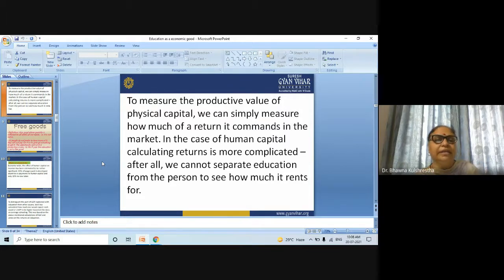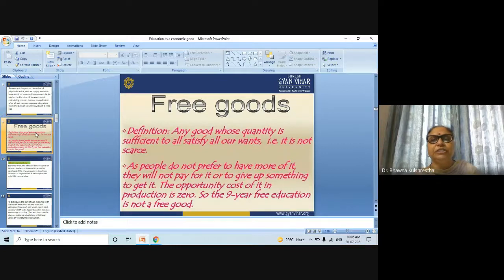And the next is free goods. Definition: any good whose quantity is sufficient to satisfy all our wants, that is, it is not scarce, as people do not prefer to have more of it.